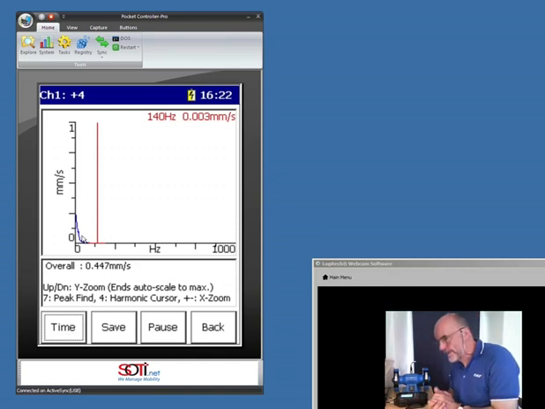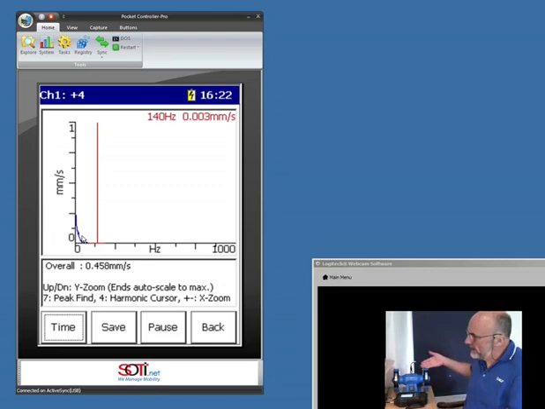Now, when people write their ISO standards, they know that that's what you could be measuring when you're trying to quantify the quality of this machine, when you're trying to quantify the machinery health of this machine. They are aware that you don't really want to be measuring ground-borne vibration coming up through your machine. You want to get rid of that.